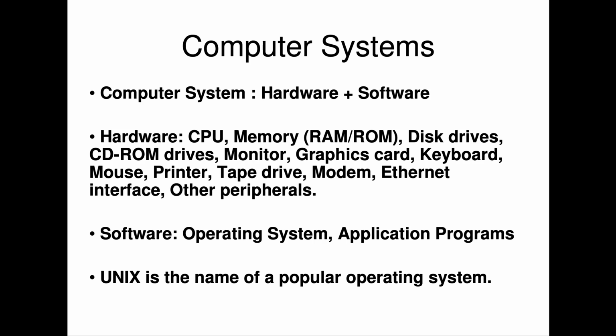And among the operating systems, Unix is the name of a popular operating system. Now, even though we say it's popular, nowadays actually the most popular one should be Windows, and after that is Mac. But Unix is a kind of operating system that has very old roots.